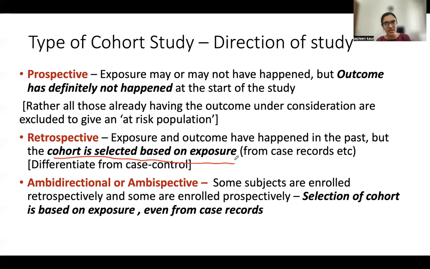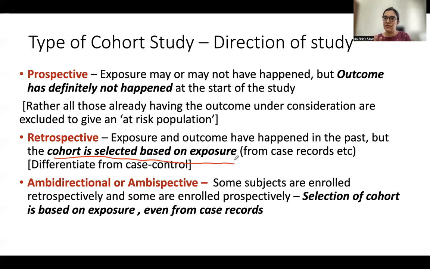Not coronary artery disease. So this is where it is different from a case control study. For a case control study of coronary artery disease and hypertension, you would have selected cases based upon the presence of coronary artery disease, right?